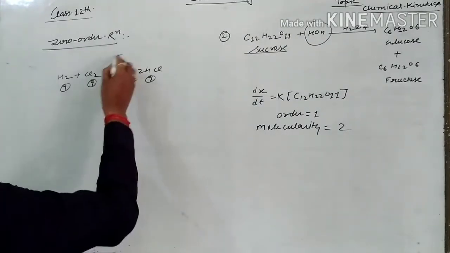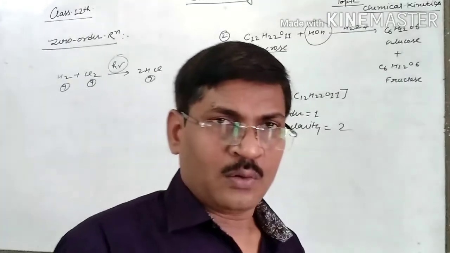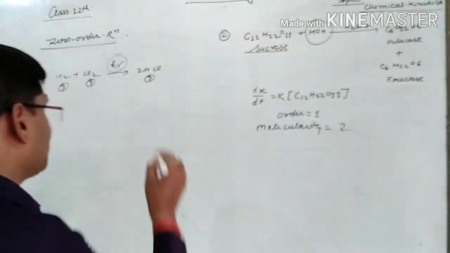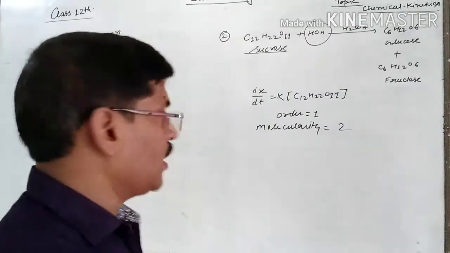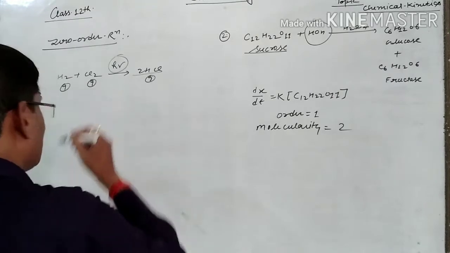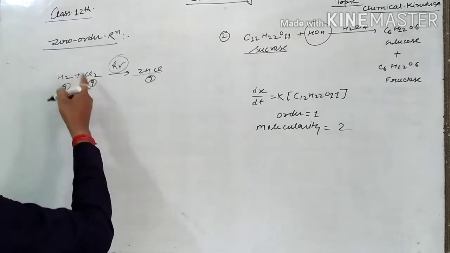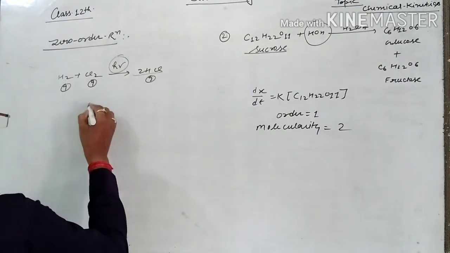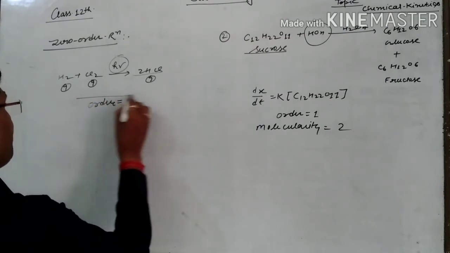In presence of sunlight, you are seeing one molecule of hydrogen and one molecule of chlorine going to react and give two molecules of hydrogen chloride. So what will be the order? If the concentration of H2 and Cl2 doesn't affect the rate of the reaction, then order will be 0.